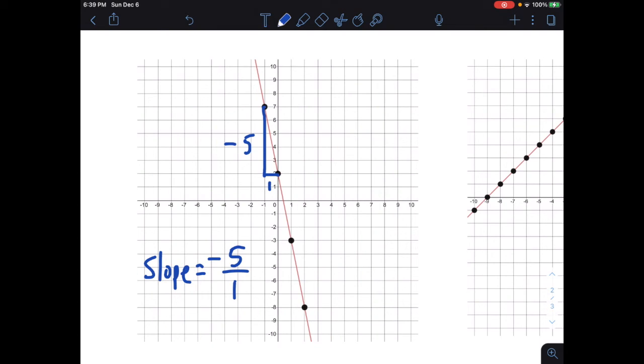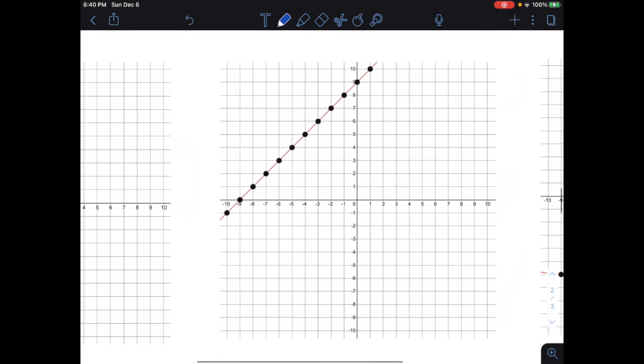And you'll notice I'm always going to write these as fractions, even though there's just a 1 in the denominator. Well, technically the slope is just negative 5, but I'm always going to write the 1, because we're going to use this slope in the future, and we want it to be in a fraction when we use it.